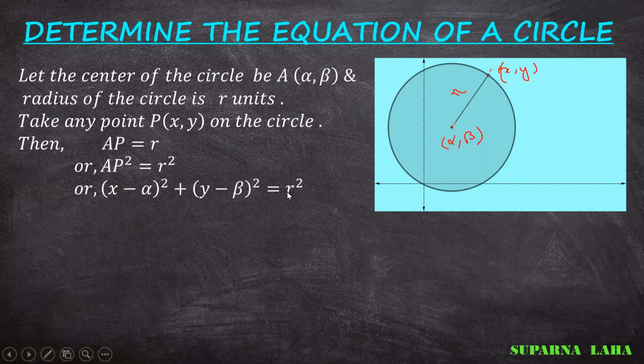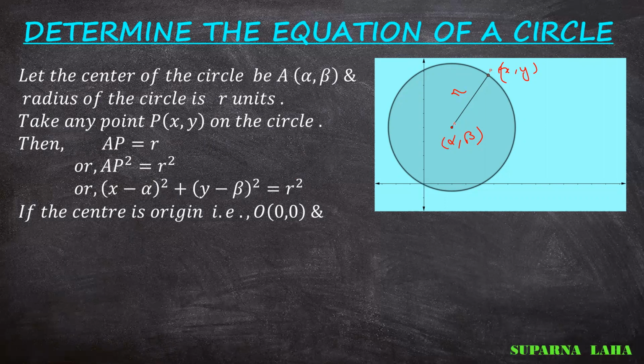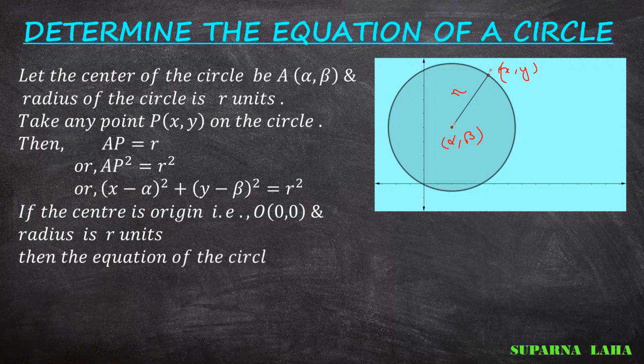is R units. Now, if we shift this center alpha comma beta to the origin, that is 0 comma 0, then in this equation 1, the standard form of this circle, we need to put alpha equal to 0 and beta equal to 0. So ultimately this equation will transform into x square plus y square is equal to R square.